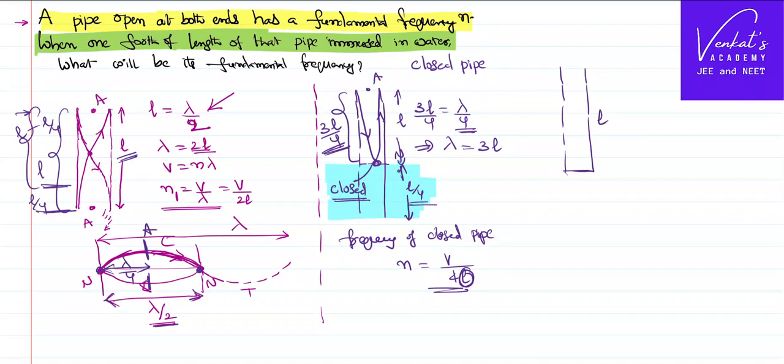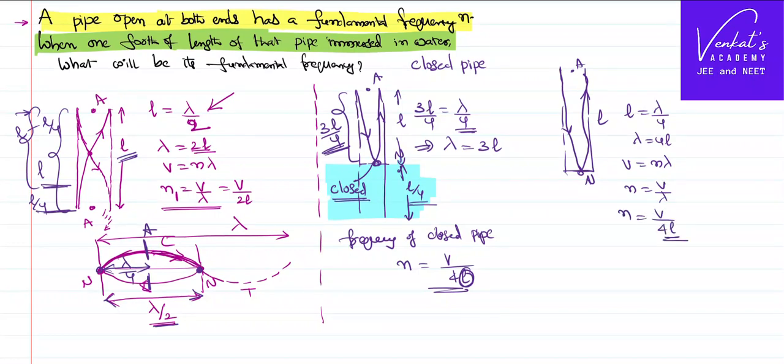If the length of the air column is L, the length of that closed pipe is L, it comes back. So that L is the distance between a node and an antinode, lambda by 4. So lambda equals 4L, V equals N lambda, N equals V by lambda. That is V by 4L.